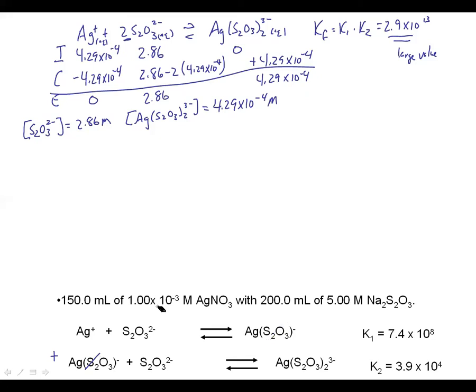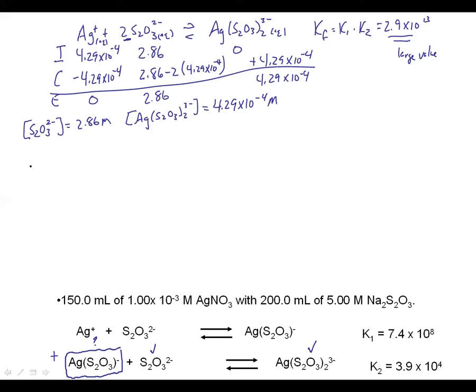And what we just found in that first table is the equilibrium concentrations of this guy and this guy, which if we just use K2 in this case, we can actually get the concentration of the AgS2O3 minus, which is also what we're looking for. So I'm going to do that first.